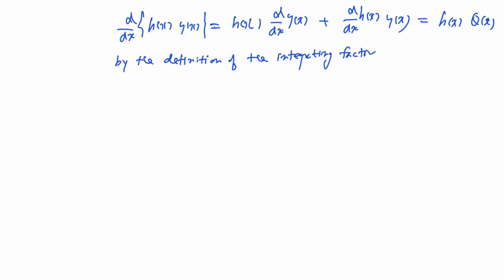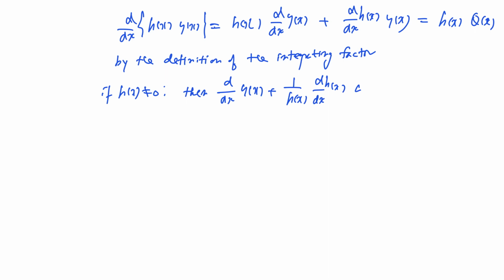So if h(x) is not equal to 0, you can divide the whole thing. Then dy/dx plus 1 over h(x) dh/dx y(x) is q(x), right?